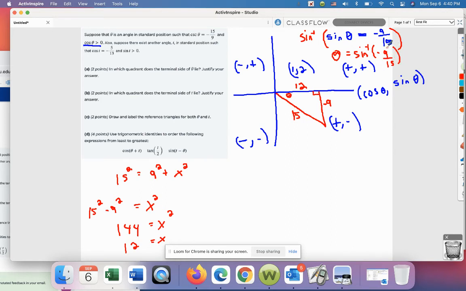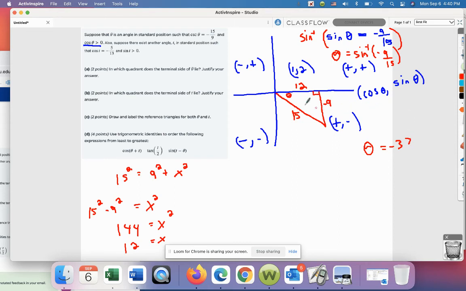Make sure you're in degree mode when you type this in your calculator. And I got negative 36 for an answer. So theta is equal to negative 36 point something. So we're going to make this negative 37. Okay. All right.